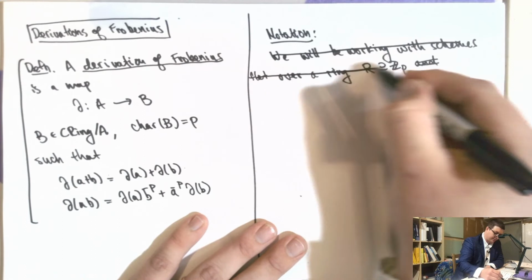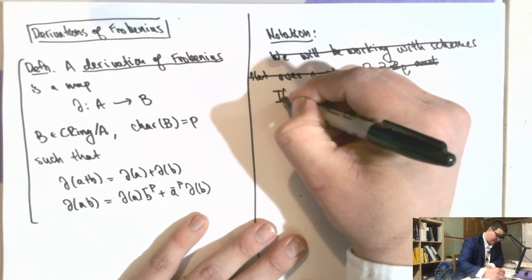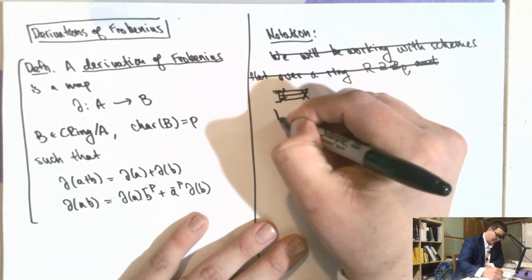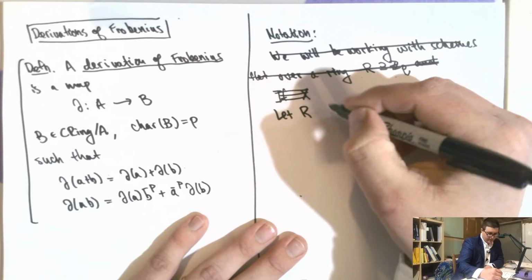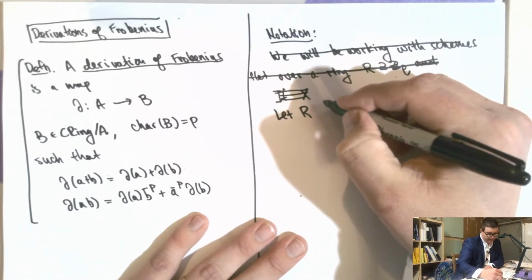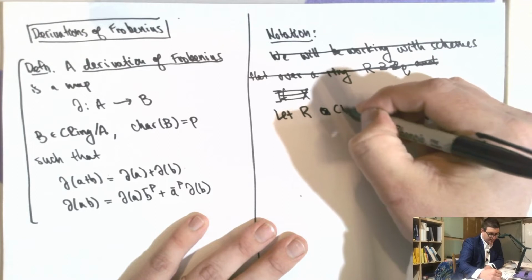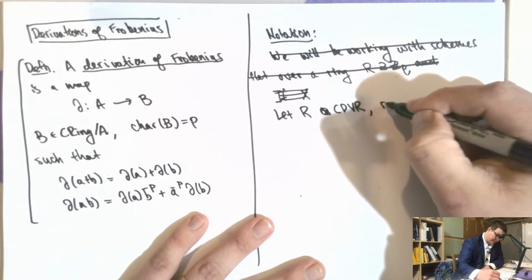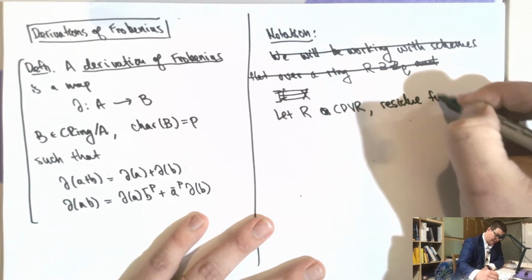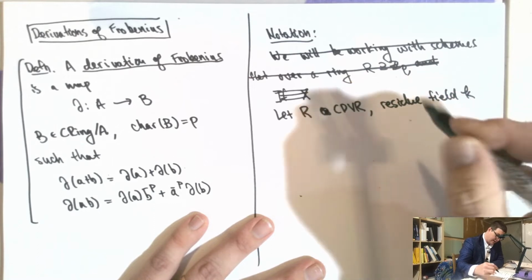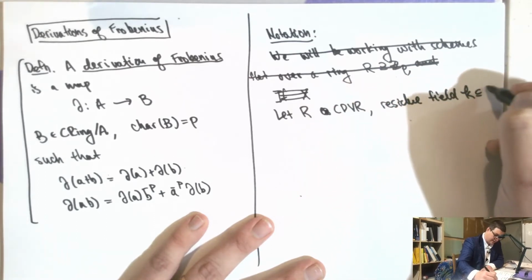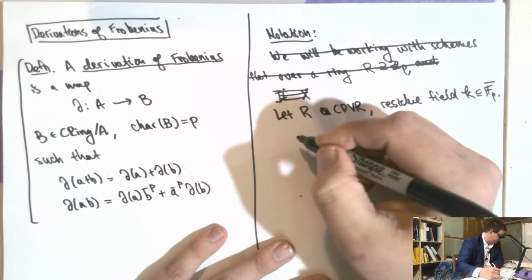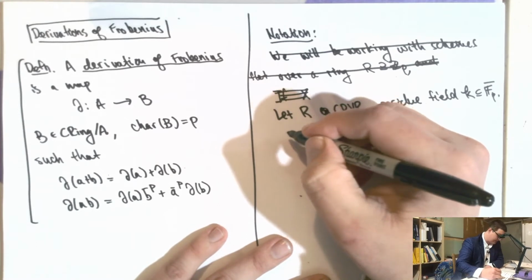Let's do it like this. So if X is a scheme, we're going to let R be a complete discrete valuation ring with residue field k, and this is going to be characteristic p. So let's say it's contained in F_p-bar. And then what else are we going to do?